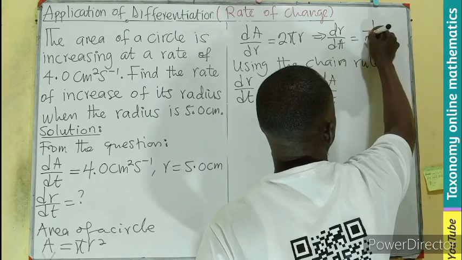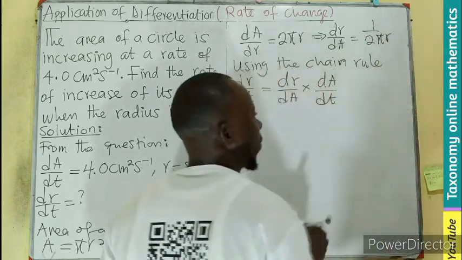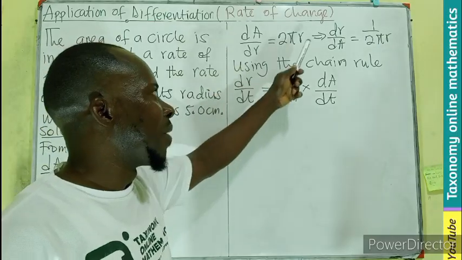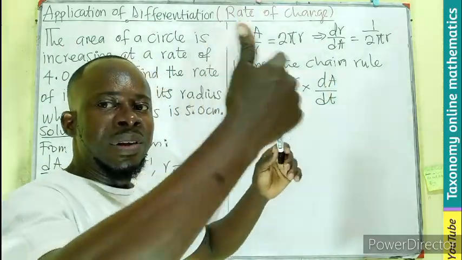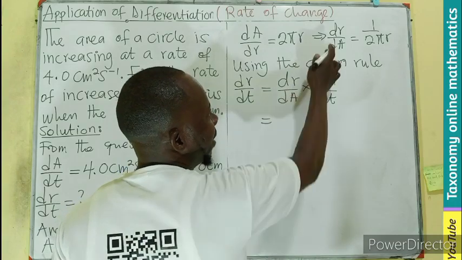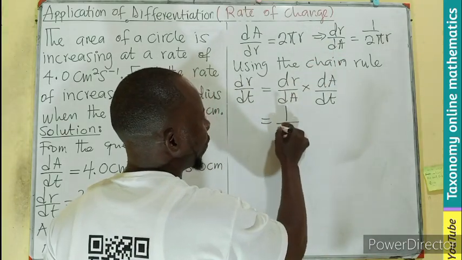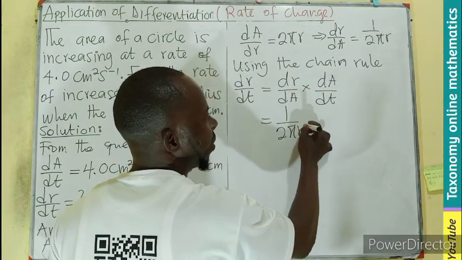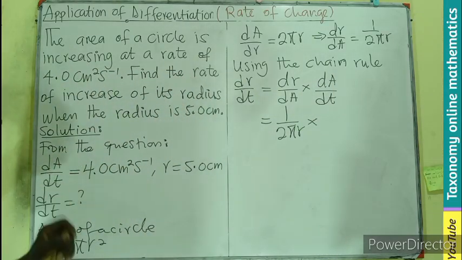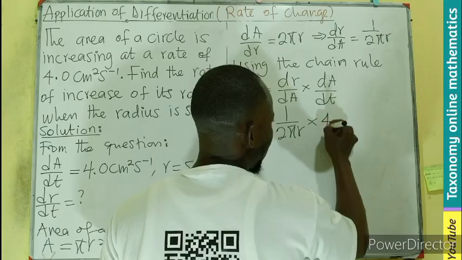That will be 1 over 2 pi r. See, this is what we need, not dA dr, but rather dr dA. You find the reciprocal of that. So that simply means dr dt will be 1 over 2 pi r times dA dt, which is going to be 4.